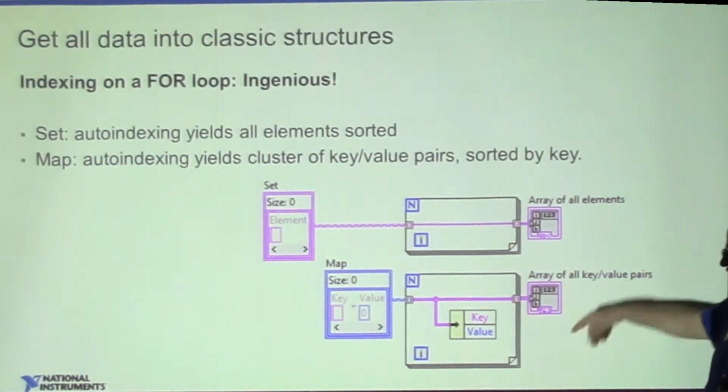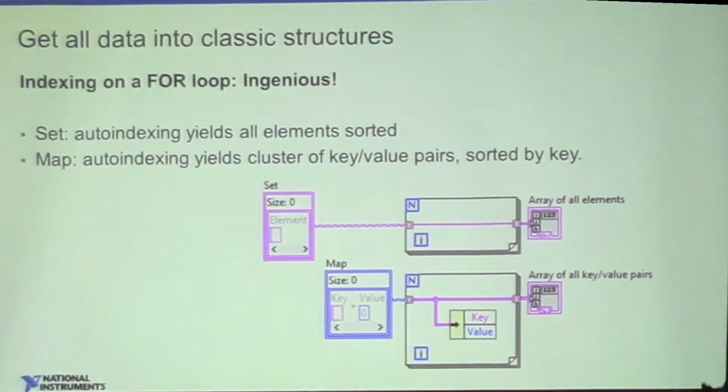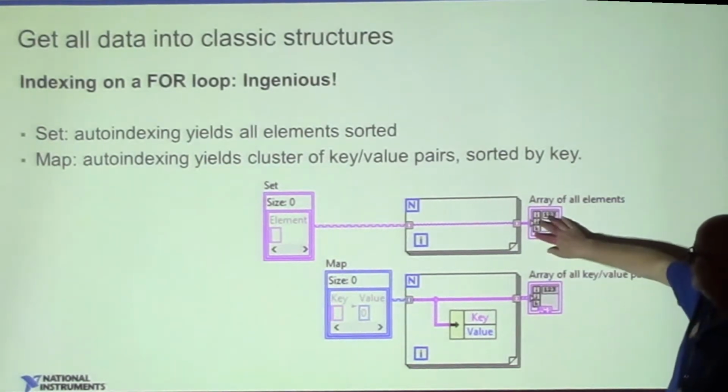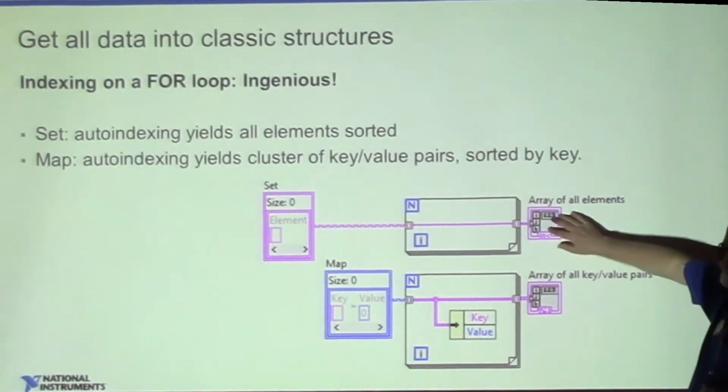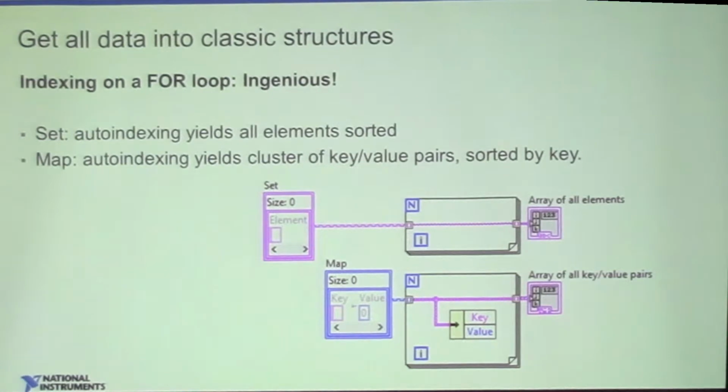And here you get an array of such clusters. Or you can process it in here or do whatever you want. So a simple for loop lets you convert a set to a sorted array, and there's not even a primitive. It's just a structure. It really works well.